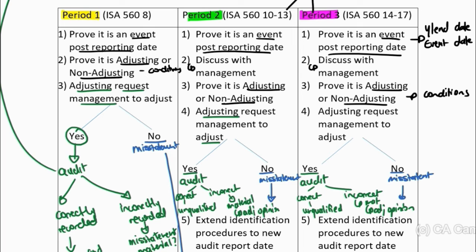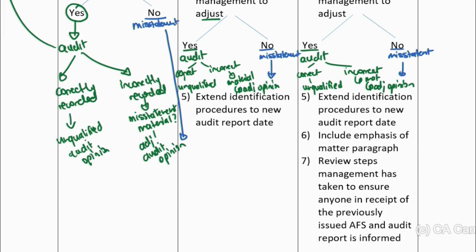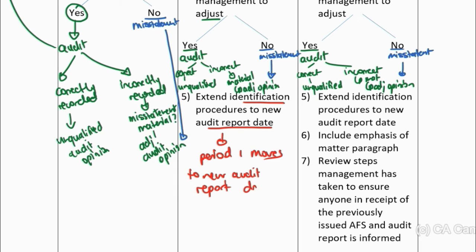But in period 2, I've got something else to do now, which is to extend the identification procedures to my new audit report date, because now period 1 moves to my new audit report date. And therefore, I have to go and identify if there were other events post-reporting date that I need to now consider in looking at the financials.